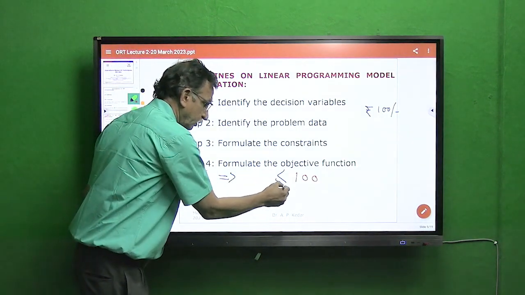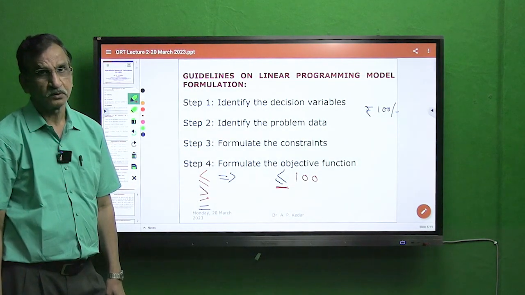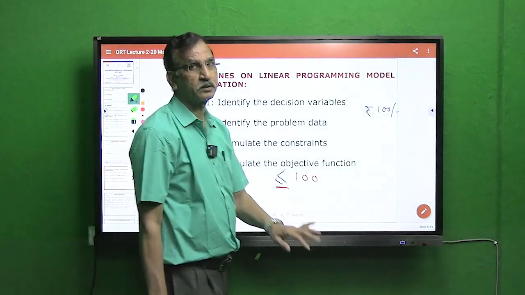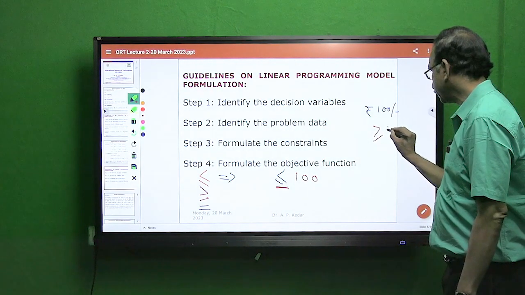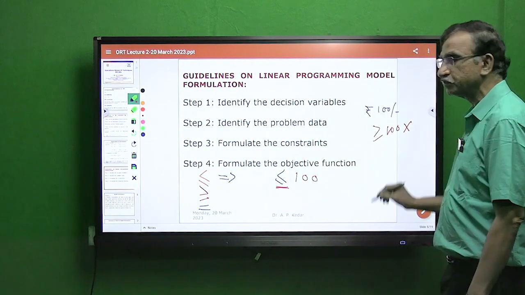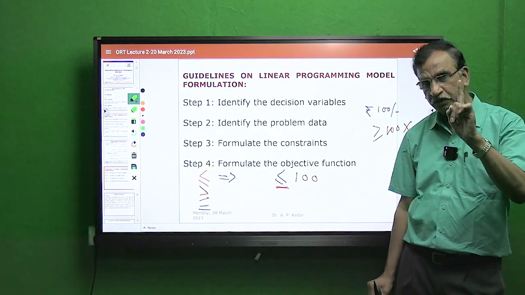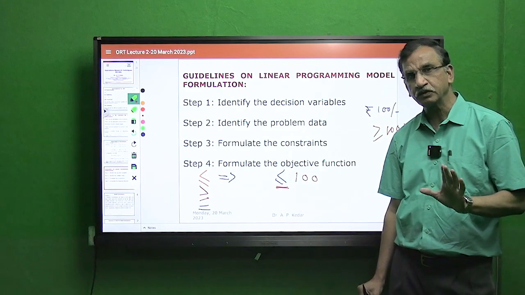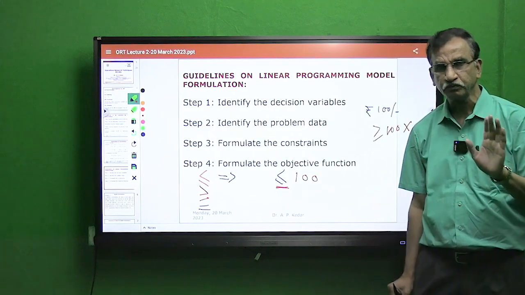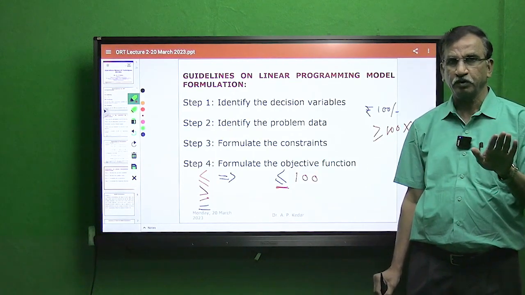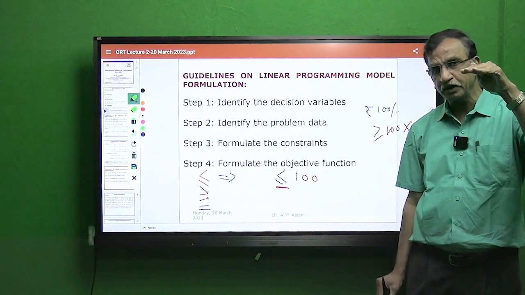So this less than equal to sign suffices. Got it? I cannot write I am having greater than equal to 100 rupees. If I write this, my mathematical conversion is wrong. So keep one thing in mind: when data is given in the plain form, the maximum availability of raw material is the upper limit.